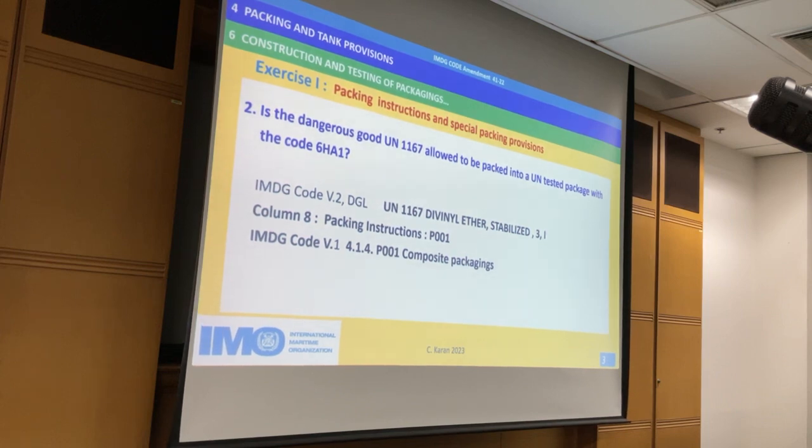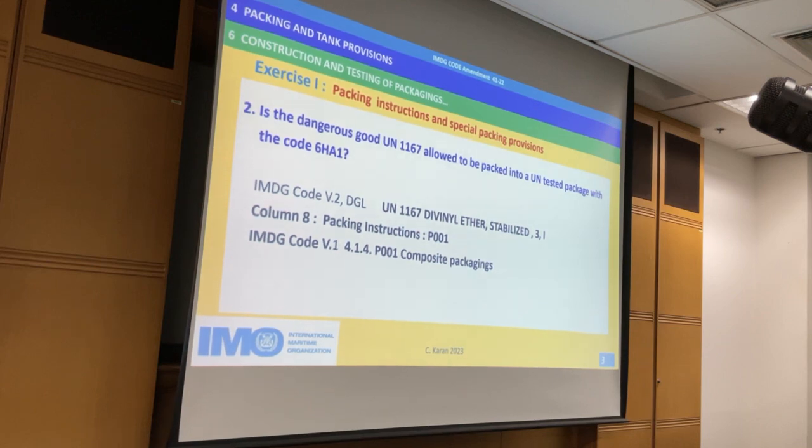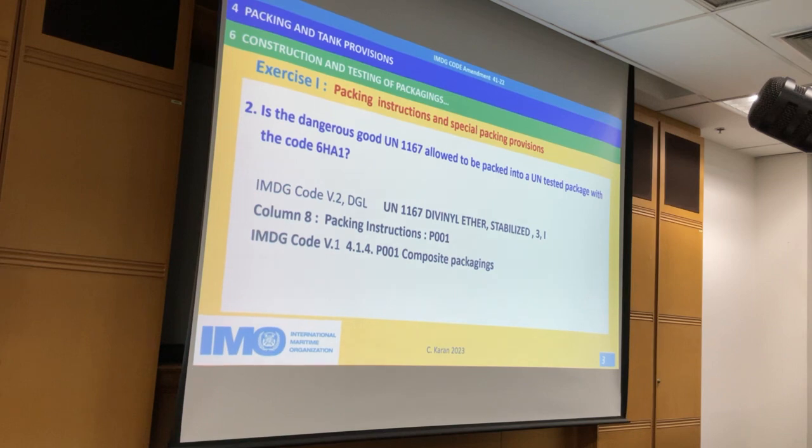HA is composite because H is plastic, A is steel. The first one is the inner one. We have inner and outer packagings, but they are taught as one packaging in composite. Remember, composite IBC, inner plastic, outer cage of metal, but it is taught as only one package.